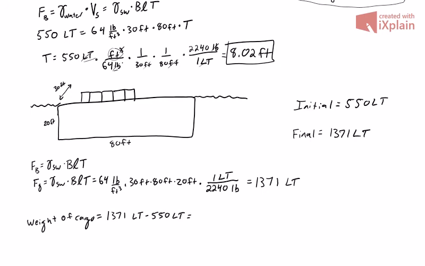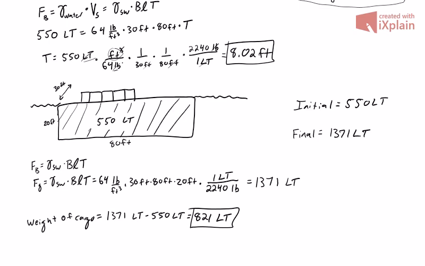And if we do that, we get 821 long tons. And if we look at our picture, that would make sense because we knew that this barge shape was 550 long tons. Boom. And then these boxes are the extra 821 long tons for the total weight of 1,371.